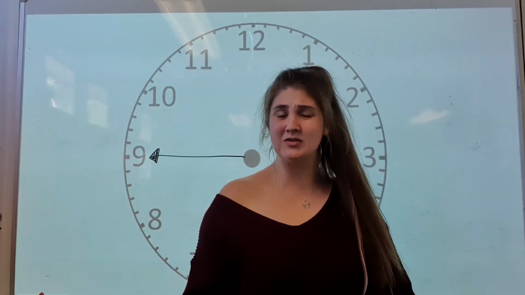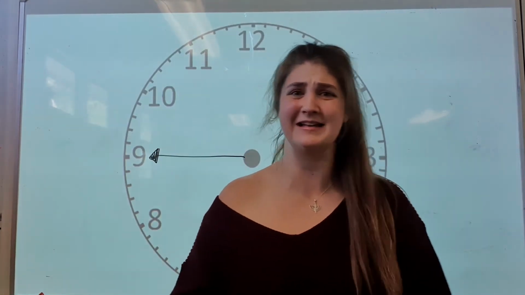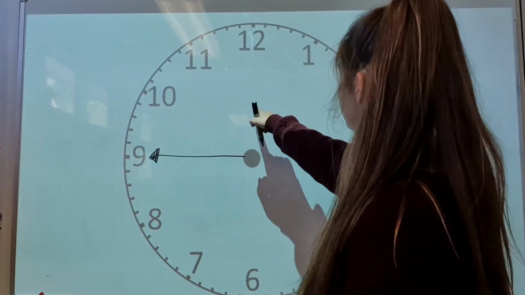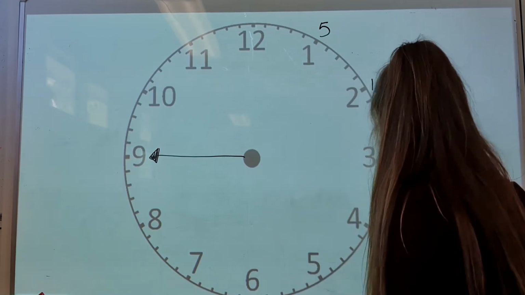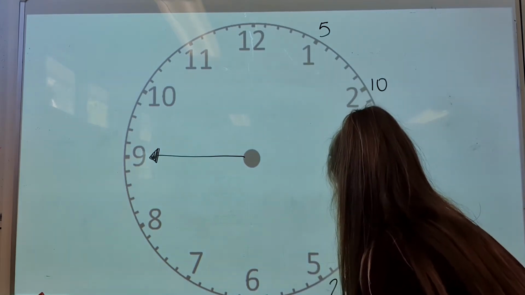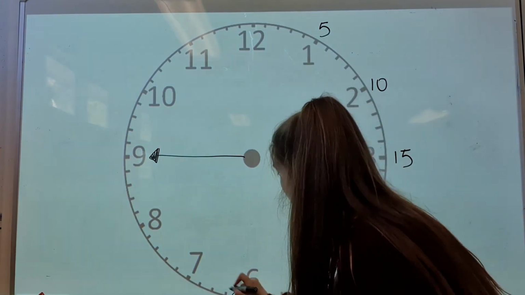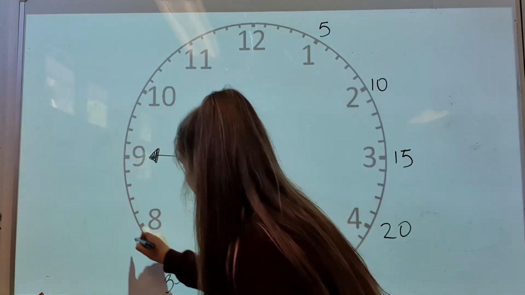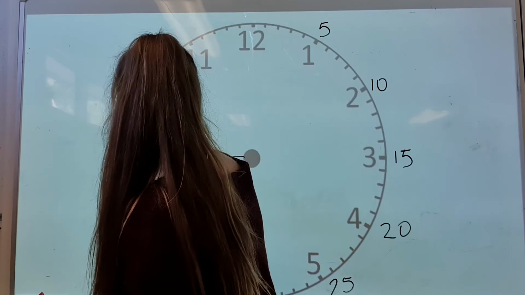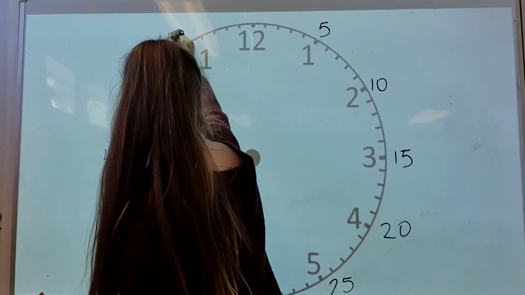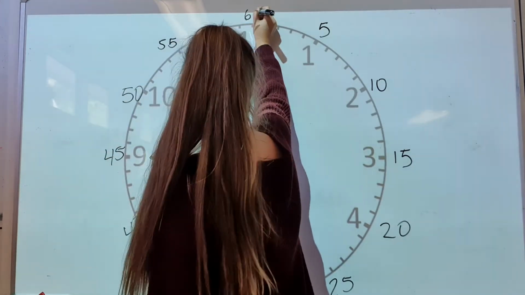But why on the digital clock does it say 45? Where does that number come from? Well, we've got 5, 10, 15, 20, 25, 30, 35, 40, 45, 50, 55, and 60.